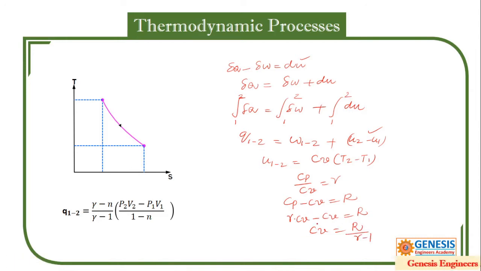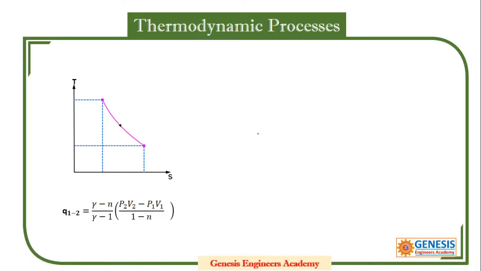Right. Now I will move on to another, that is Q12 is equal to W12, that we have just now derived, that is P2 V2 minus P1 V1 by 1 minus n. And now we are trying to find out this internal energy. So this is R by gamma minus 1, and it is T2 minus T1.